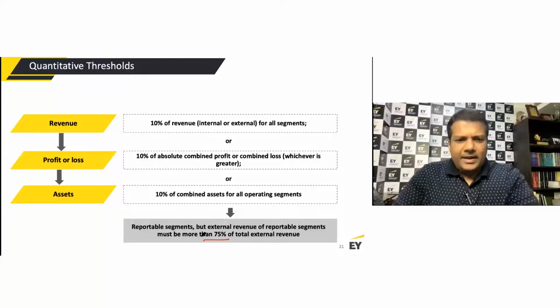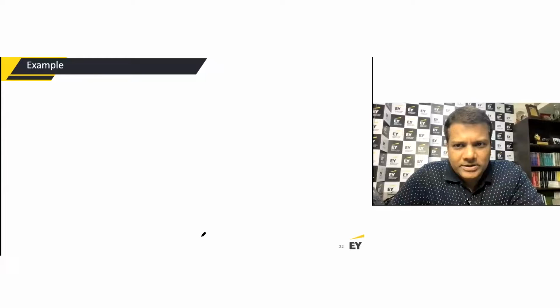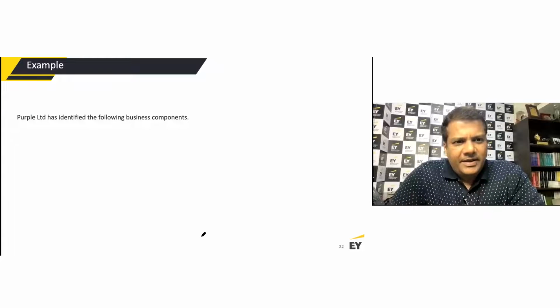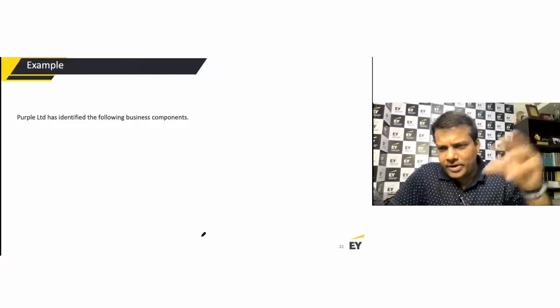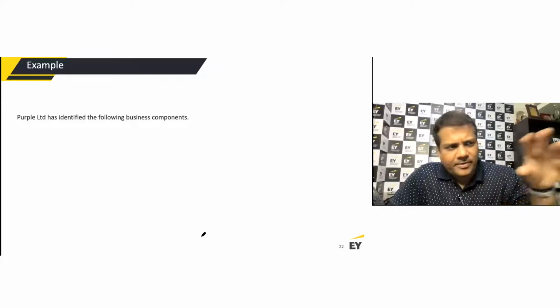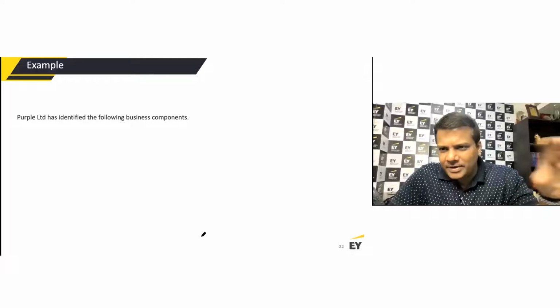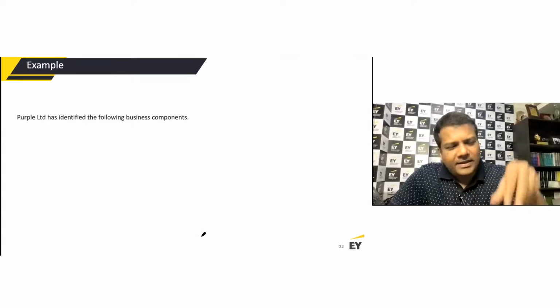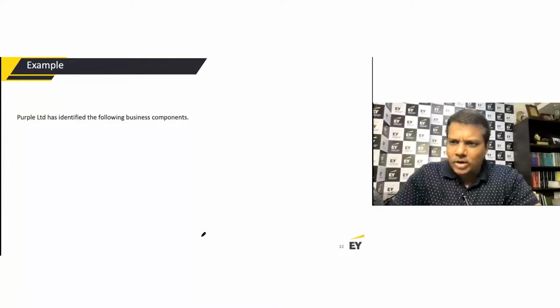All right, now we will go through the example. Purple Limited has identified the following business components. So we've understood the CODM, the operating segments, and the quantitative thresholds, which are revenue, assets, and profit or loss. You also understood 10%, 10%, 10%, and an aggregate of 75% or more that we need to cover.